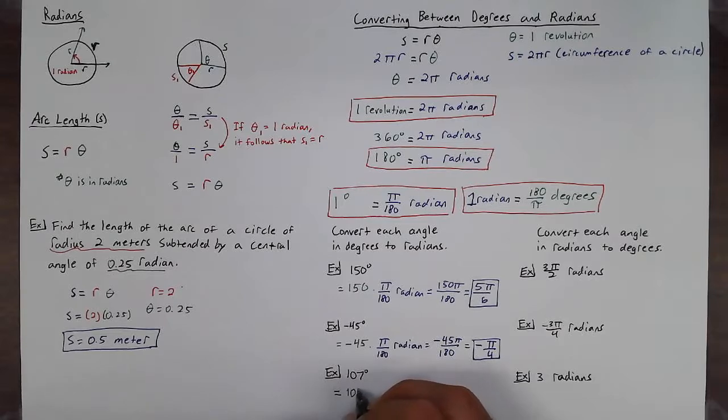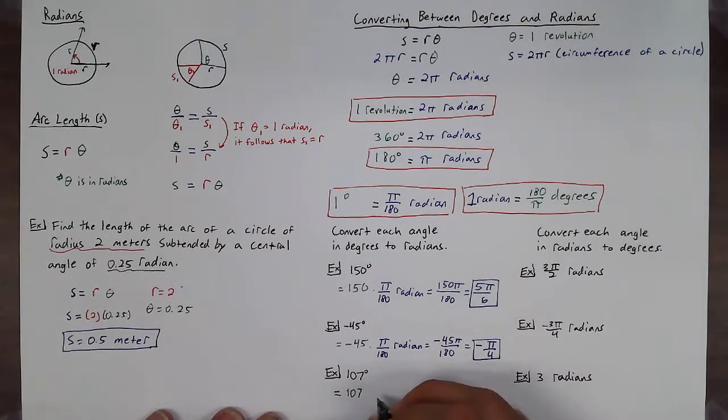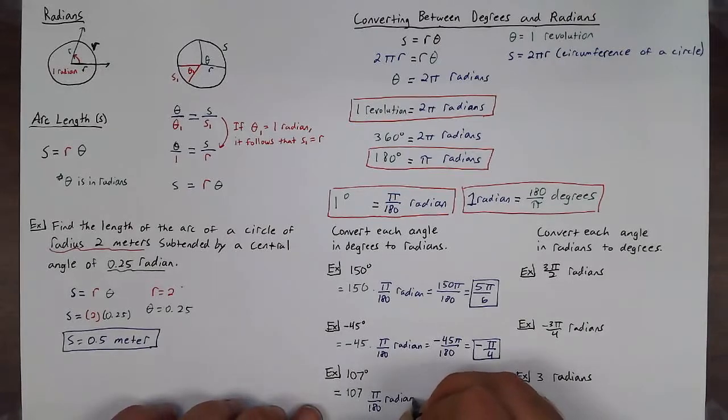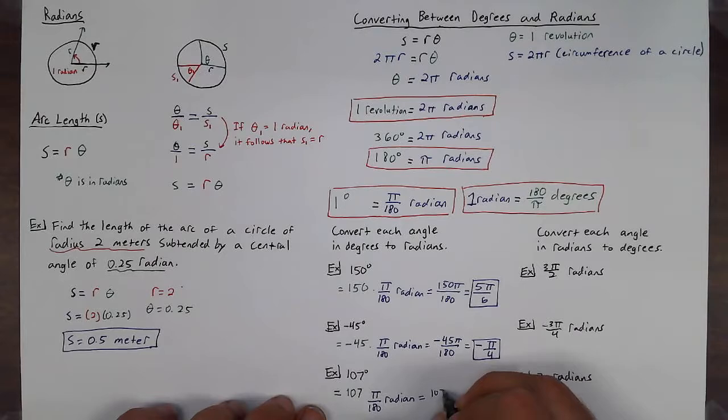And the same thing for 107, but this time I'm going to show you a slightly different way to represent your answer at the end, depending on what the context of your problem would be. So again, the degree can be changed to pi over 180 radian, but this time I'll get a fraction that cannot be reduced.